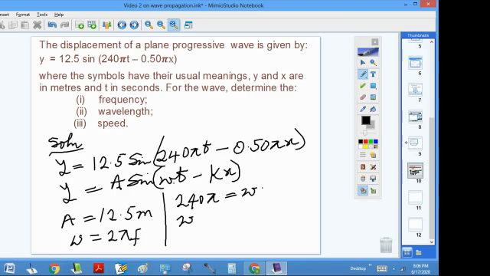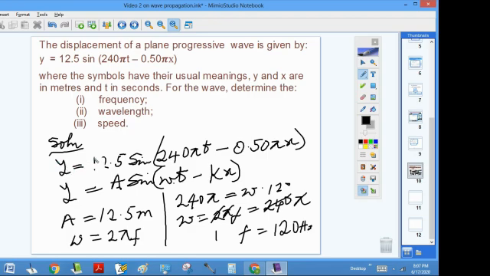So 2 pi f is equal to 240 pi. We cancel pi, and the 2 cancels to give us 120. So the frequency is equal to 120 hertz. Hertz is actually per second.